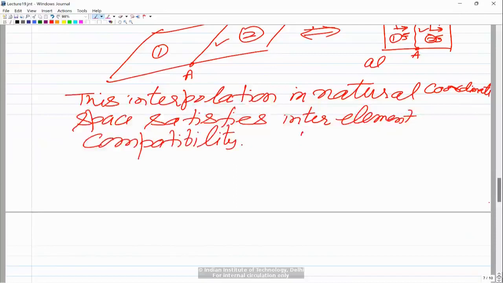So let's look at the temperature value at some location, T at some location, say x star and y star. X star and y star are the coordinates, and on this side we look at the number of elements.